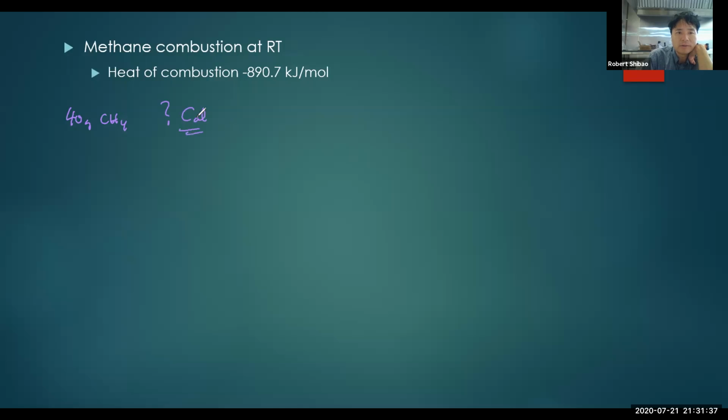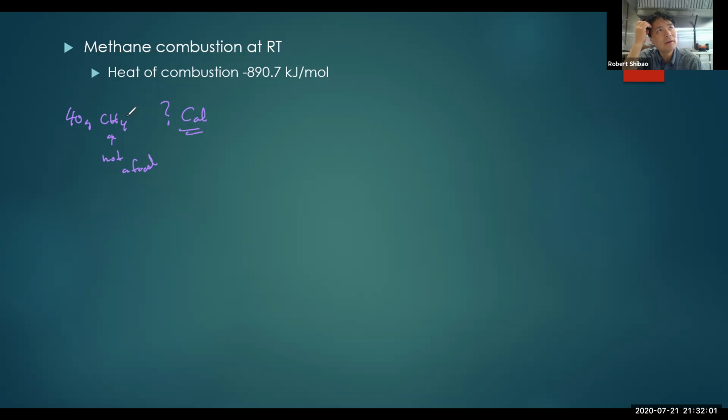These are food calories here. Unfortunately, methane's not a food. But foods are fuels, right? And methane is a fuel. We just can't use it to power our bodies, unfortunately. The problem is we can't digest it. If we could digest it, methane would be an excellent fuel.